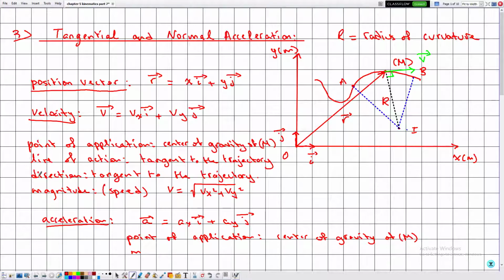I will not list the line of action and the direction. Now we will see why. The magnitude is given by a is equal to the square root of ax squared plus ay squared.